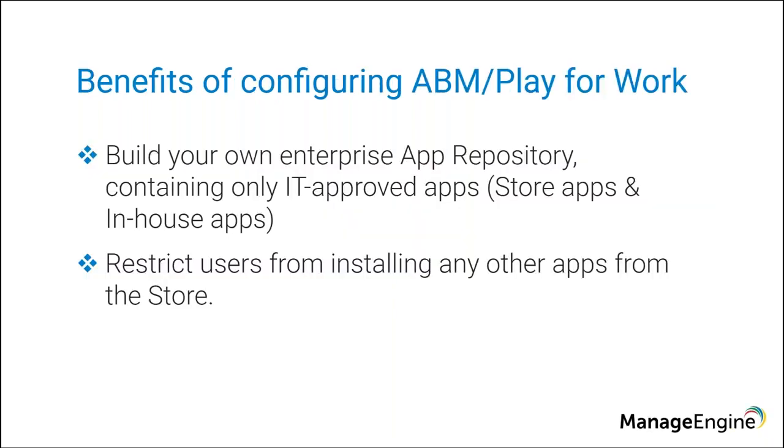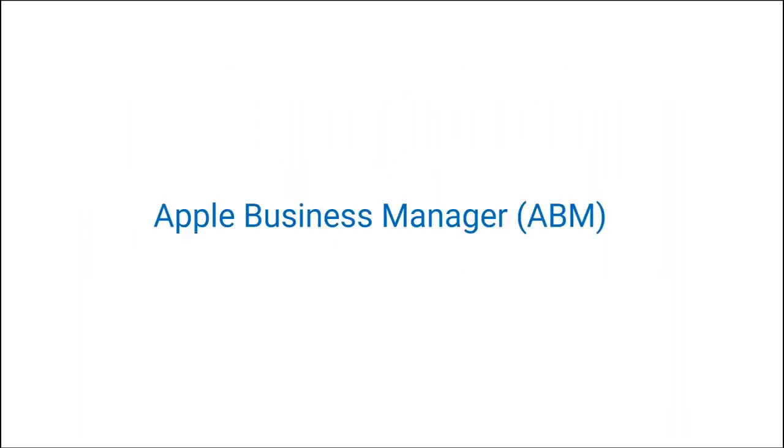So what are the benefits of configuring the ABM or the Play for Work? First, you can build your own app repository containing just IT approved applications, which can be distributed to your devices. And the best of all is that you can prevent your users from installing any application that they like from the store. That would be a great part wherein only your IT approved applications would be present in the devices.